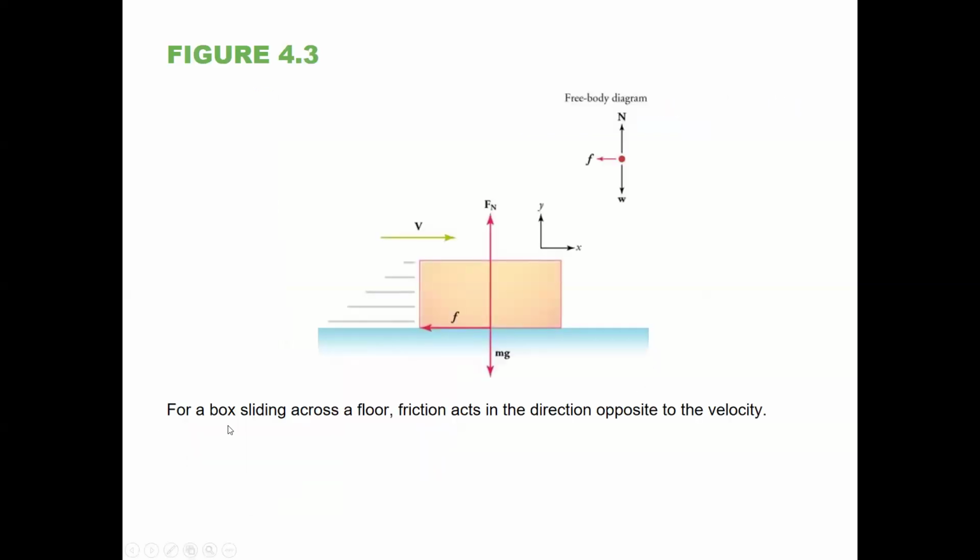So for a box sliding across a floor, friction acts in the direction opposite to the velocity. So we have forces in all directions. So going horizontally, this box is obviously moving from left to right. In our coordinate plane, you have the north, that's y, and the east, that's x, and both of these directions are positive. So in our free body diagram, the dot would represent this box.